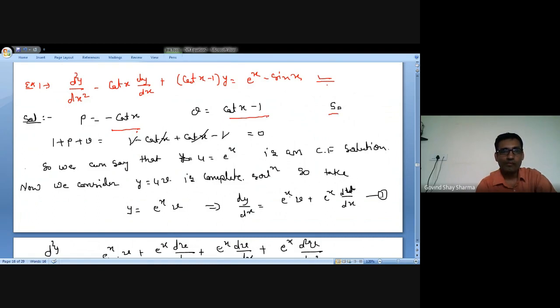So 1 plus P plus Q: 1 plus minus cot x plus cot x minus 1. 1 cancels with 1, and cot x cancels with cot x, so it becomes 0.